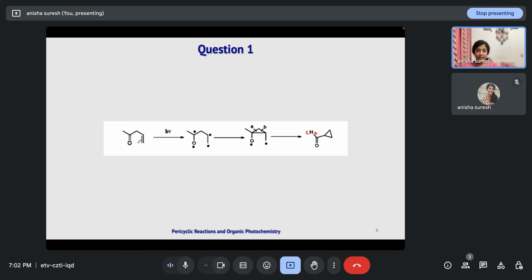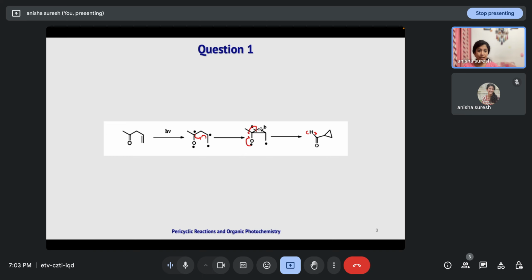So upon photochemical irradiation, it will form this O radical and carbon radical, and this will also form a radical. These two radicals will recombine in this fashion, resulting in the formation of a cyclopropane. Then once this carbonyl is forming again, either this A bond can break or the B bond can break.